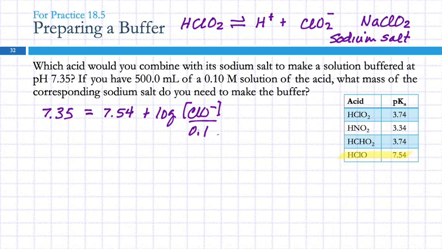Now, there's different ways that you can solve this. If logs make your head hurt, I would encourage you to use the solver on your calculator. Just plug it in just the way it looks, and it'll find it for you, okay? So I'm going to do it the other way, because logs usually don't make my head hurt. I'm going to take 7.35, I'm going to subtract 7.54.